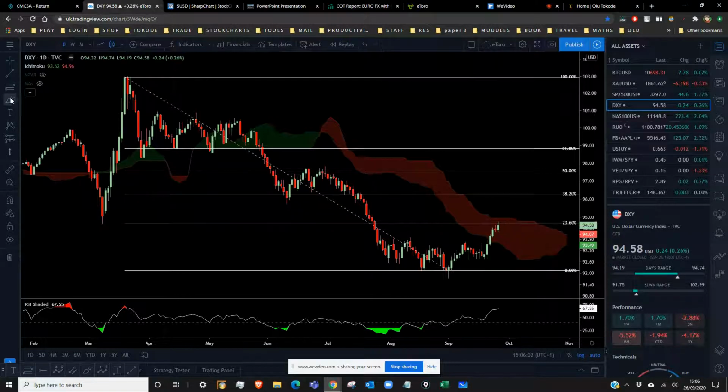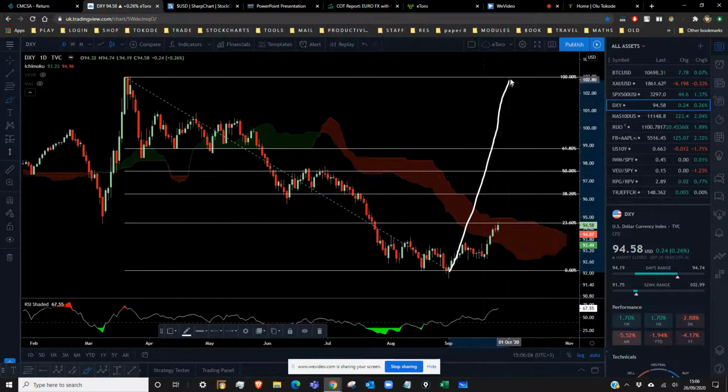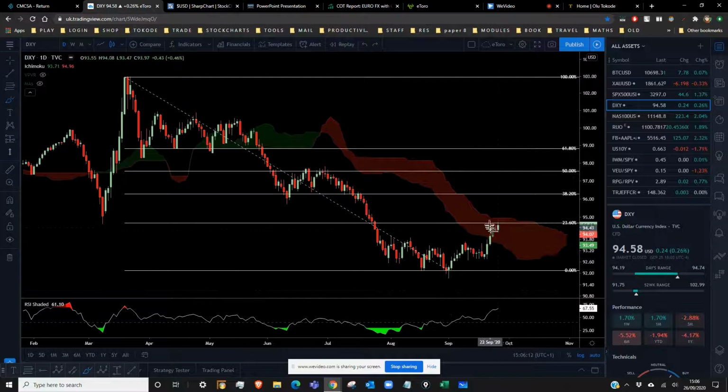So this index is retracing back to the previous high, back to 100%. Price is at 23% of this entire downtrend. There could be some resistance here, so maybe this is where the formation of the higher low will begin.